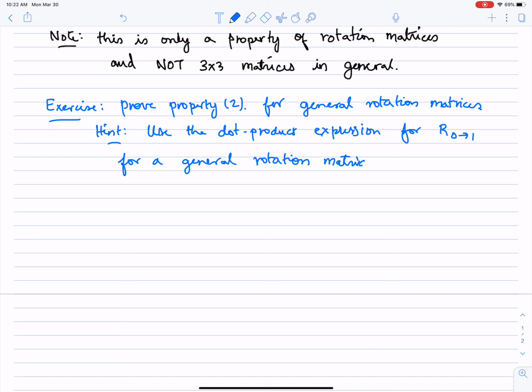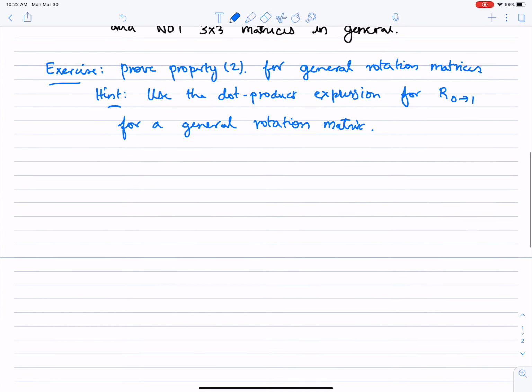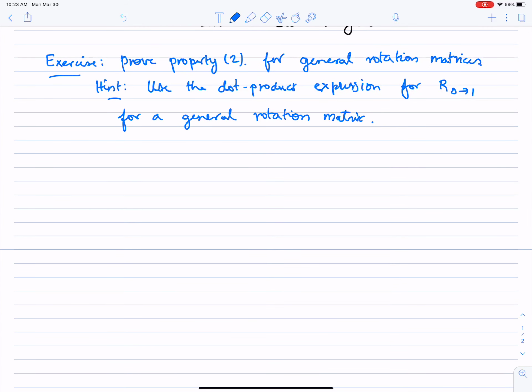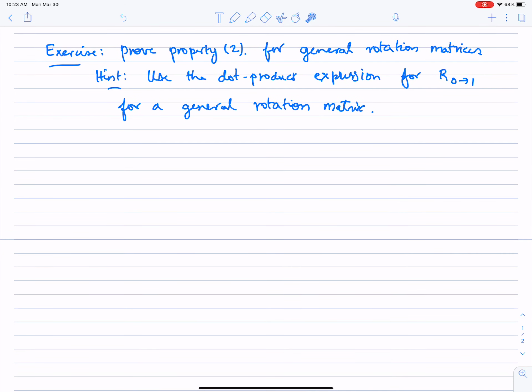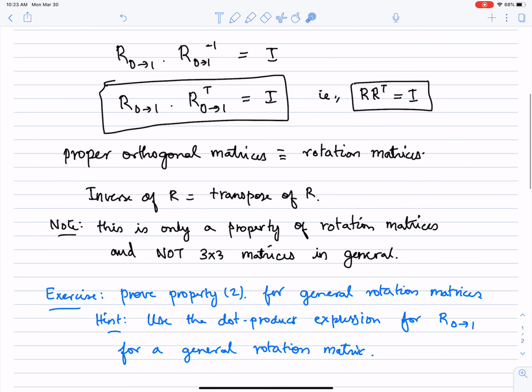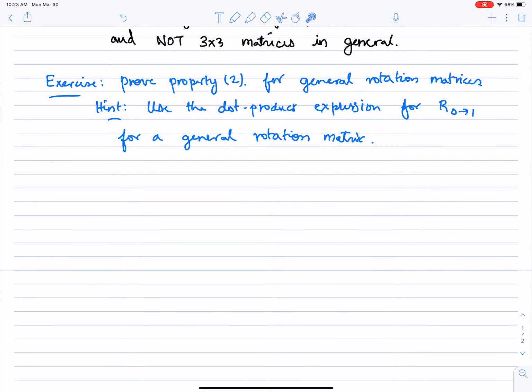So this is something that we did in a previous lecture. We developed a notation involving dot products of vectors in frame 0 and frame 1 for the matrix R 0 to 1, and you can use that essentially to show that this is true. Okay, so I'll leave that as an exercise.